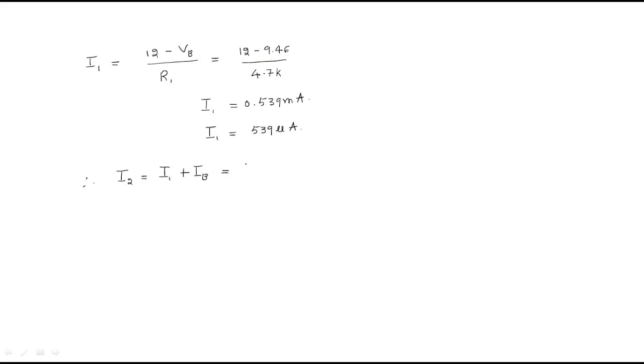So I1 is 539 micro plus IB is 15.15 microamps. Combining together we will get 554.76 microamperes. This is the I2.